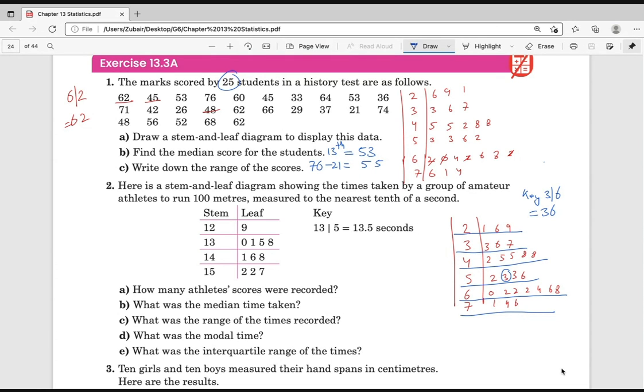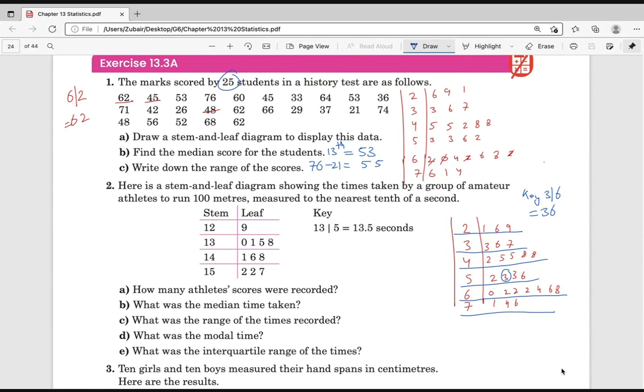Question number 2. Here is a stem and leaf diagram showing the time taken by a group of amateur athletes to run 100 meters. Measured to nearest tenth of a second.